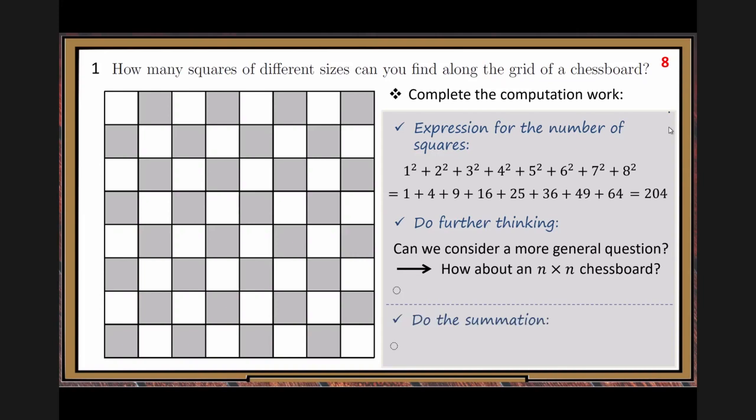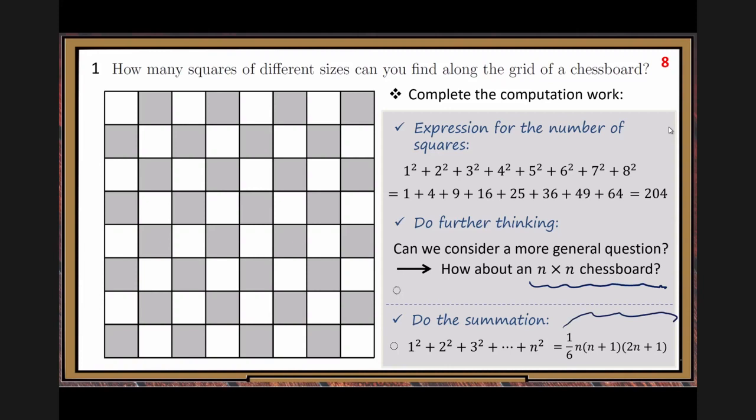Then if I ask you to find the squares of all sizes in an n by n chessboard, can you write a formula for it? The total number of squares in that n by n chessboard. Do you want to write this formula?